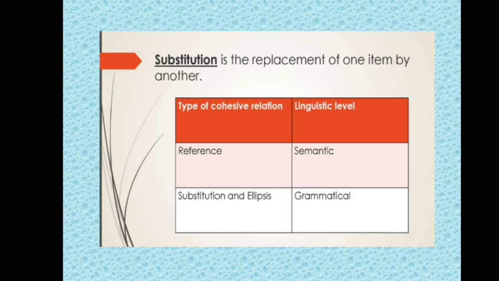Let's move on to substitution. Substitution is the replacement of one item by another. Type of cohesive relation: reference, linguistic levelnya itu semantik. Substitution and ellipsis, linguistic levelnya itu ke grammatical.